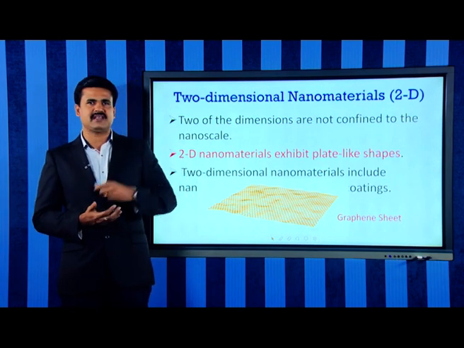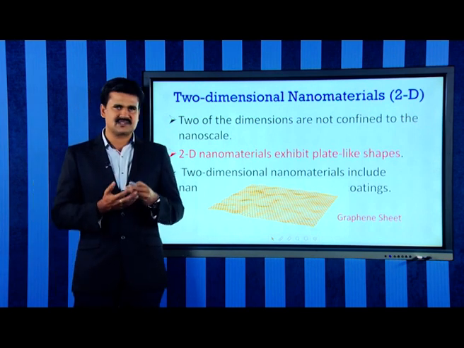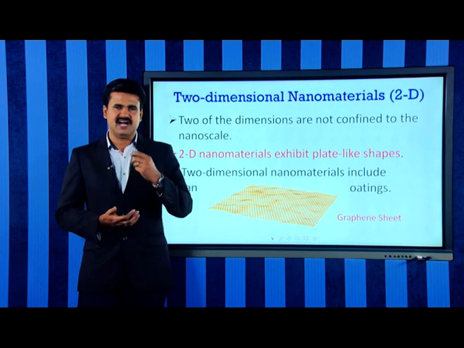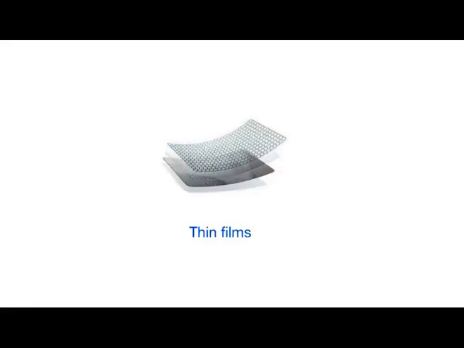The two-dimensional nanomaterials include nanofilms or so-called thin films, nanolayers and different nano coatings. The picture represents a graphene sheet which provides a nice example for two-dimensional nanomaterial.